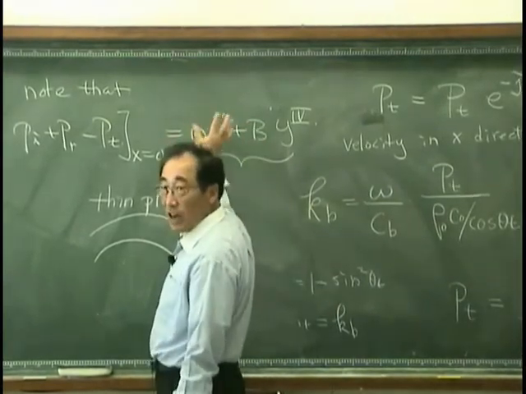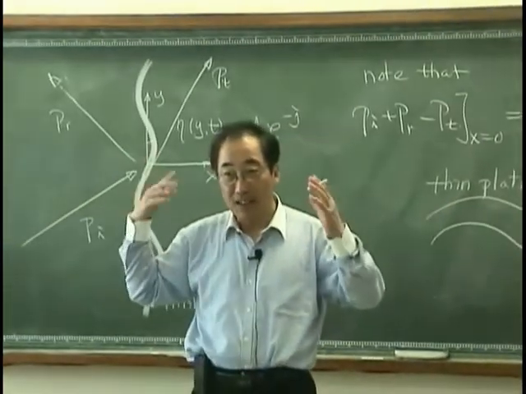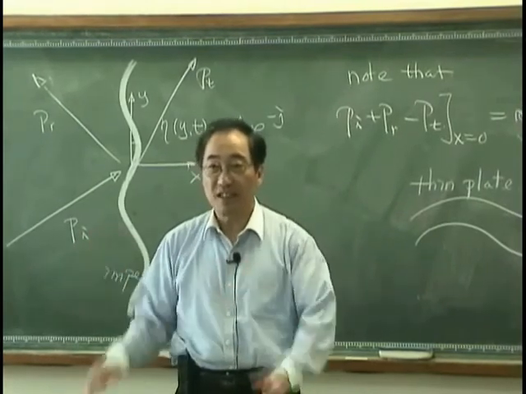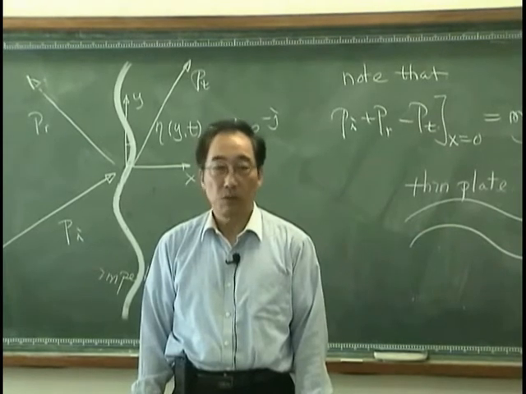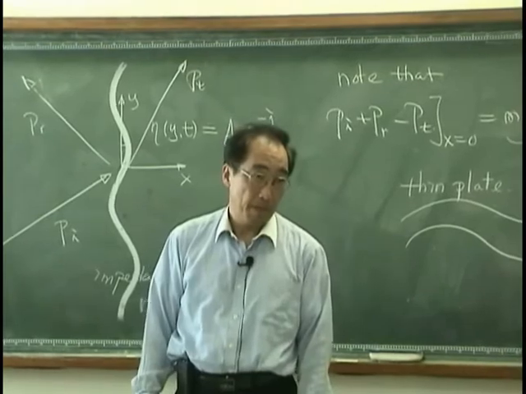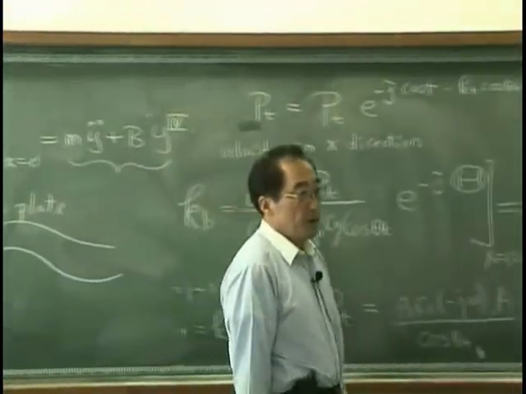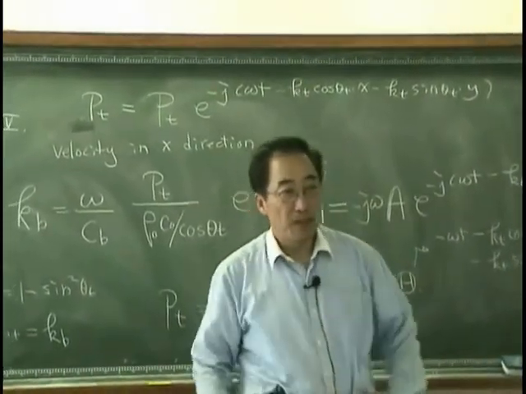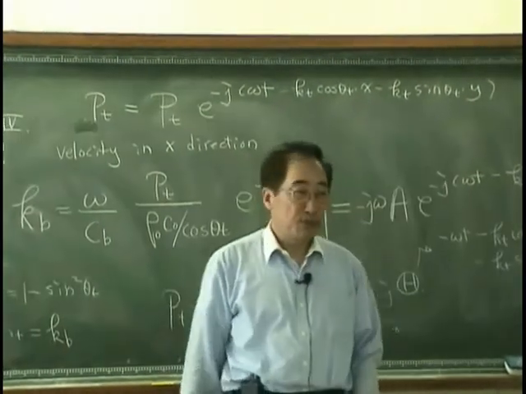But when we derive this, we do not consider the wavelength at all. So the thin plate assumption has to do with something that is not related with the wavelength. So what was it? Okay, I'm sure you guys remember very clearly, but you do not want to speak out, not to make your classmate or friend to be disappointed.